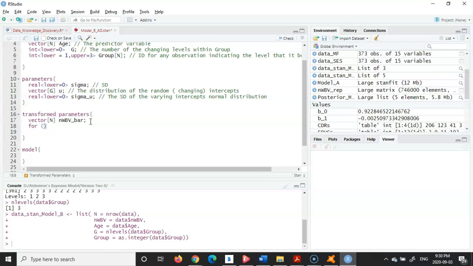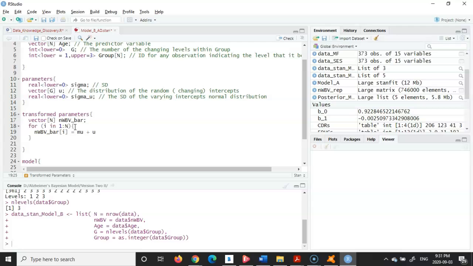I'm just going to call it for i in 1 to n, which is the number of observations for our model here. I put the curly brackets, and I say that the normalized whole brain volume bar for i is going to be equal to mu, the mu that we talked about, which is the measure of the central tendency of the random intercepts model, plus, and that's what we are going to do, we give an index.